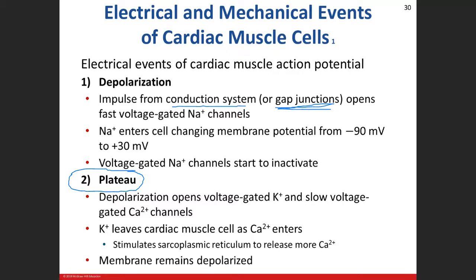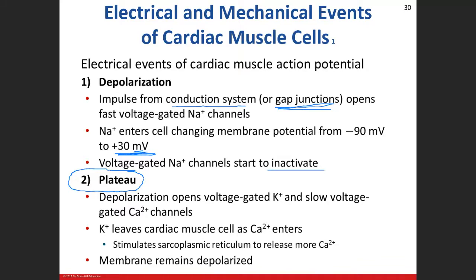With the nodal cells, they only went to 0, and then those slow voltage-gated sodium channels close down. Here, our fast voltage-gated sodium channels open up, and sodium rushes in so much it shoots past 0, and it goes to +30. Once we hit that value, those channels will inactivate or close.